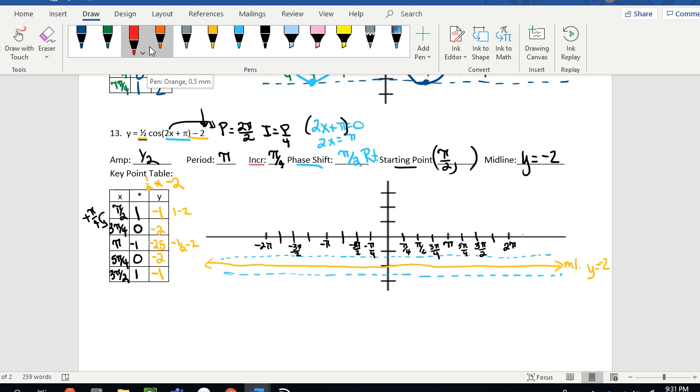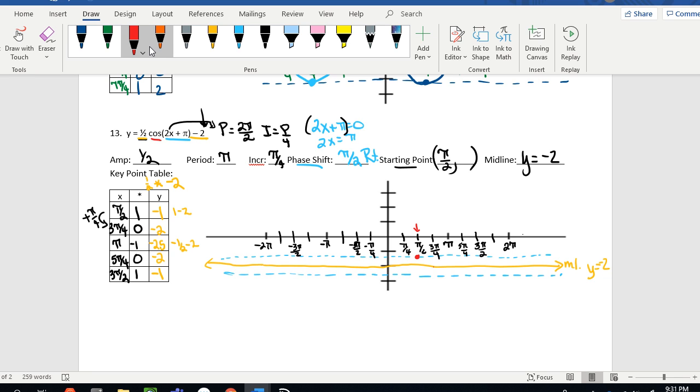So I'm going to start with pi over 2. Notice it's positive pi over 2, which is right there. And we go down 1. So we're starting right here. I'm graphing a cosine. I'm on an amplitude line, which is what happens. The next thing I'm going to do is go to 3 pi over 4, which scoots over only 1.